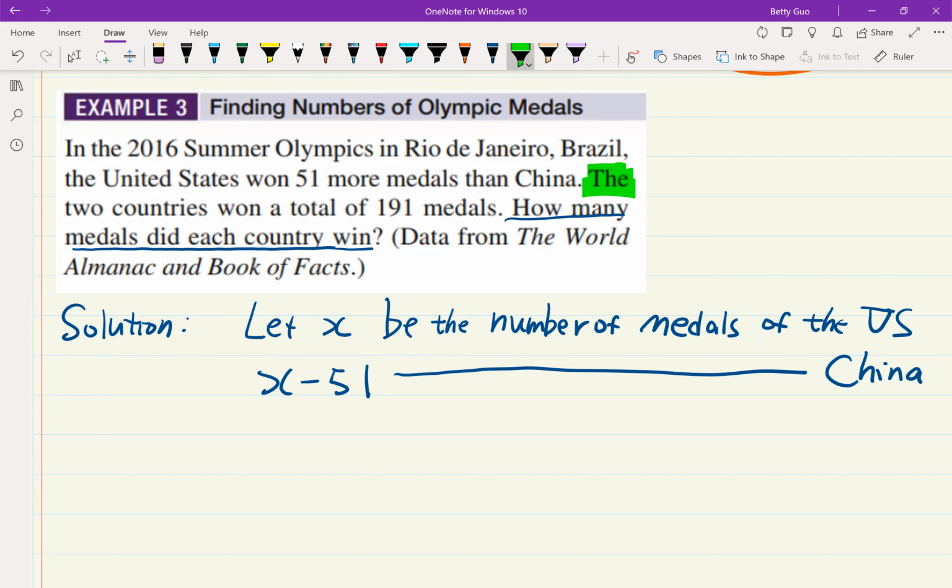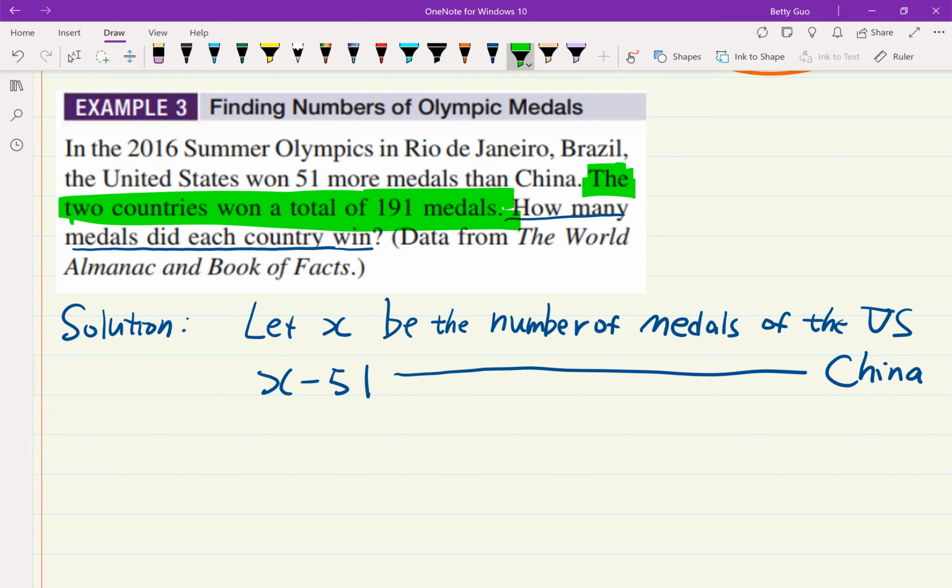Could we set up the equation by using the information here? How do we understand 191 here? In total, together, they won 191 medals, right? Do we have an addition here? Addition, subtraction, multiplication, division? In total, does that mean a sum?